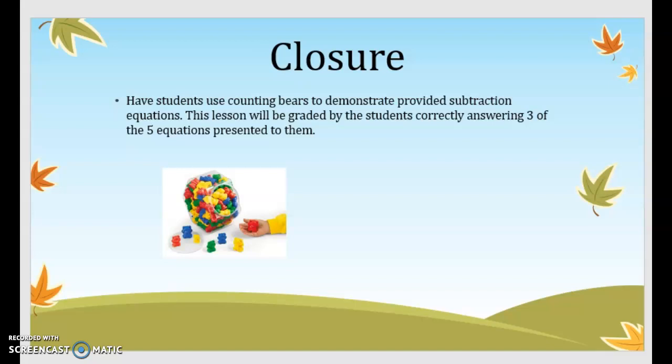The students will use their counting bears to figure out the answer. Their final answer will be counted out loud with the class. The instructor will then walk around the class to view the students' progress and complete the grading rubric. This lesson will be graded by the students correctly answering 3 of the 5 equations presented to them.